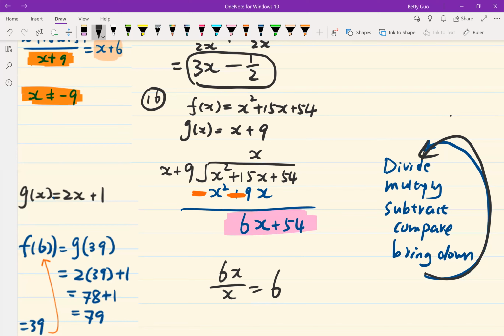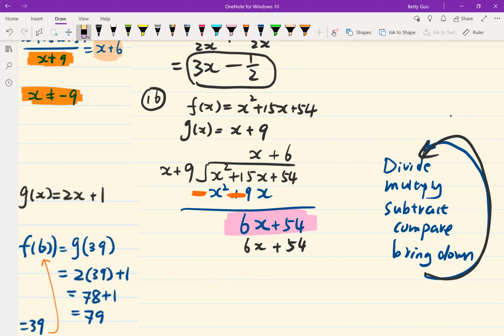Quotient is 6. We put a 6 right above 54. Multiply 6 by the divisor. Distribute 6 times x, 6x, 6 times 9, 54. And we put 6x plus 54 right below the pink polynomial.